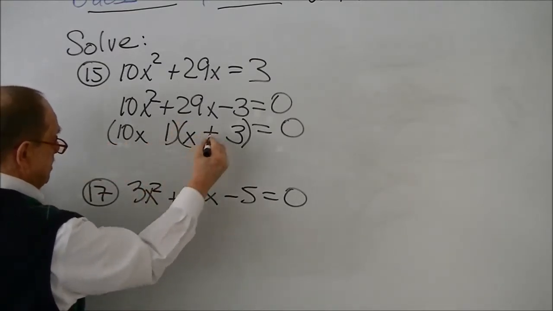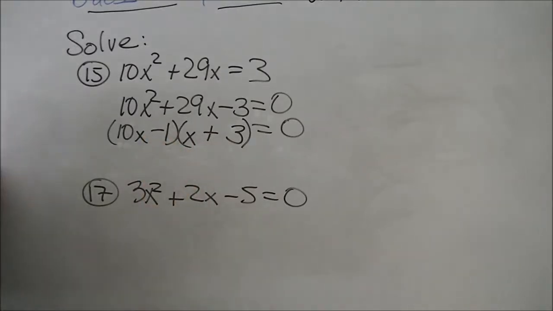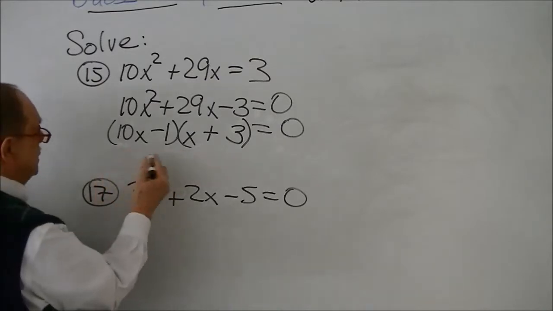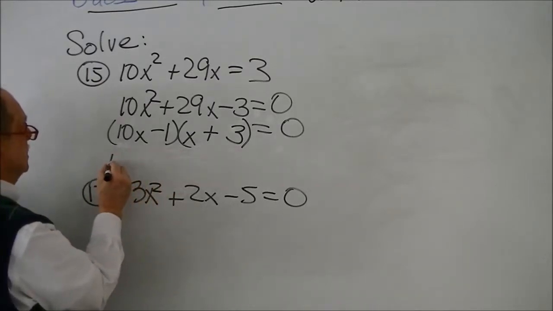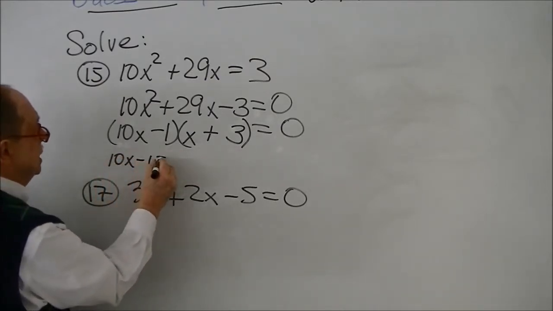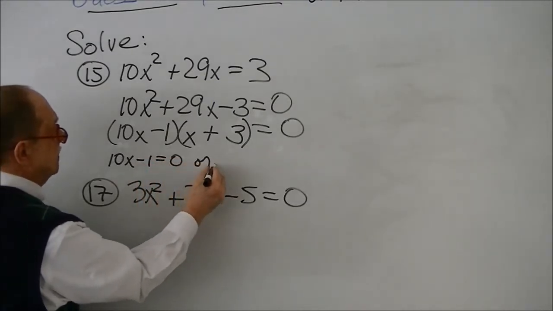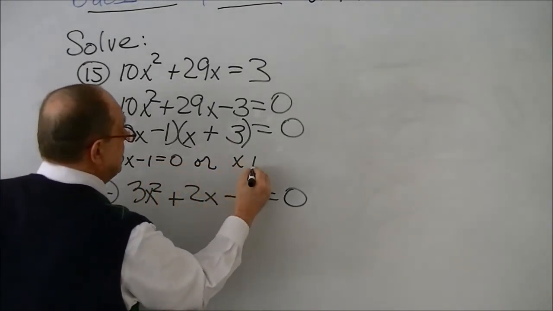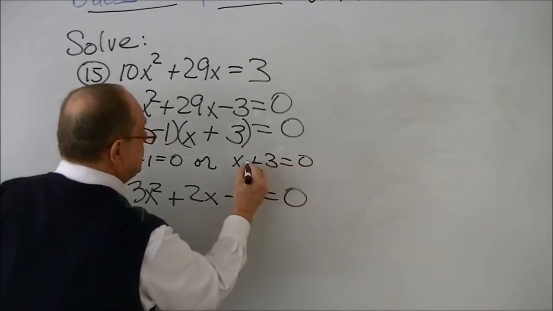So this needs to be a positive, that needs to be a negative. So notice when you equal each of these to 0, this is going to be 10x minus 1 equals 0, or x plus 3 equals 0.